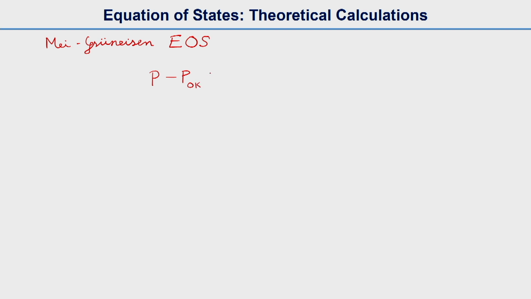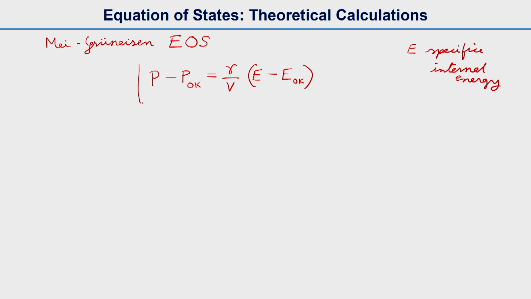This is the pressure at 0 Kelvin, plus gamma over V times E, which is the specific internal energy, minus E at 0 Kelvin. So this is at 0 Kelvin. As you know, E is the specific internal energy. So this is the Mie-Grüneisen equation of state.